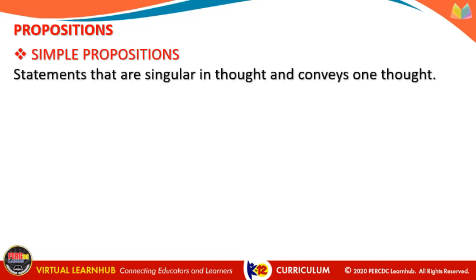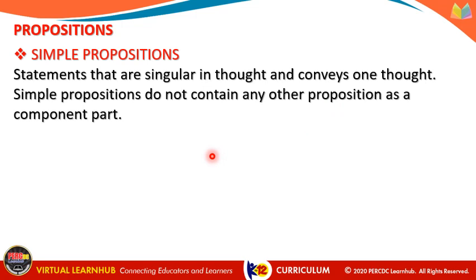Now that we know how to determine if what is given is a proposition or not, let us now discuss simple propositions. What is a simple proposition? A simple proposition is a statement that is singular in thought and conveys one thought only. Simple propositions do not contain any other propositions as a component part.